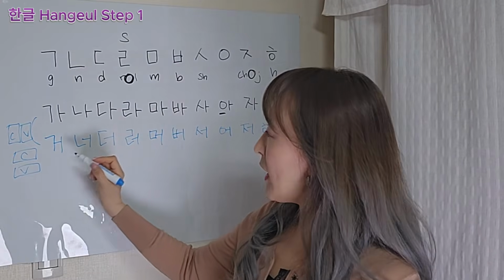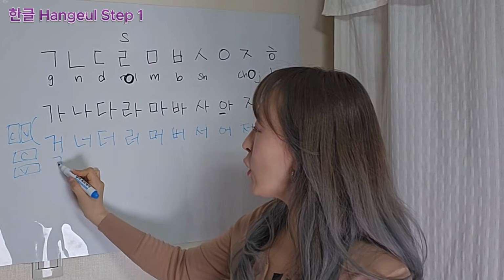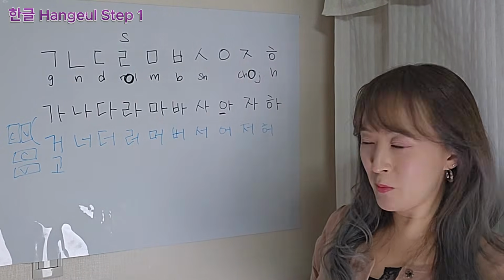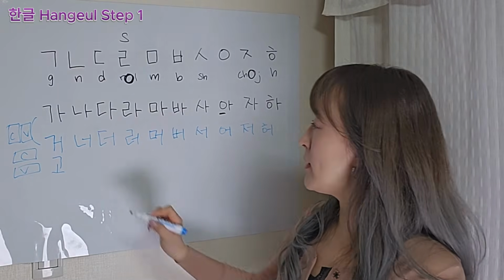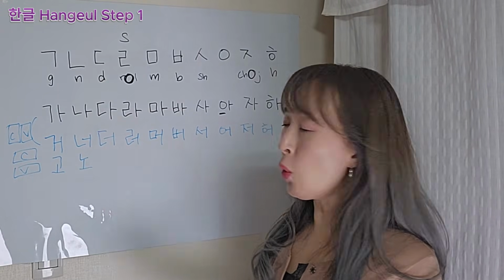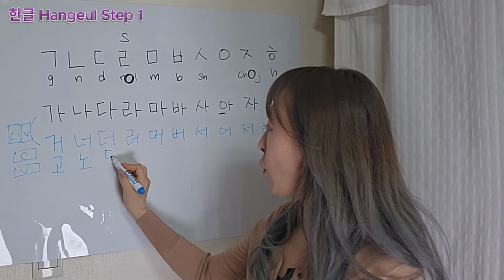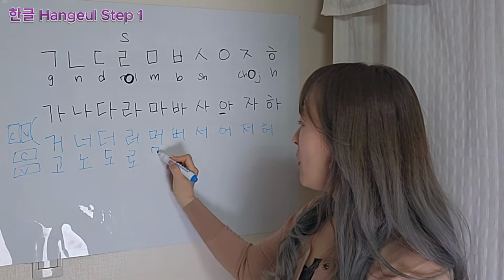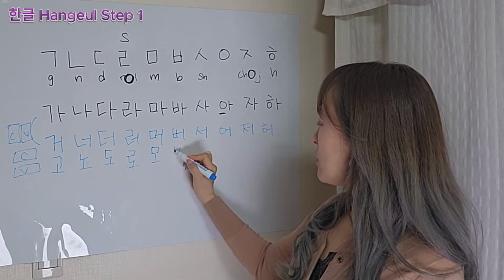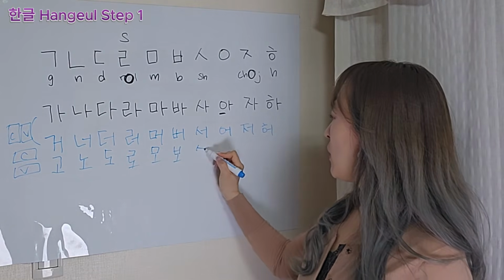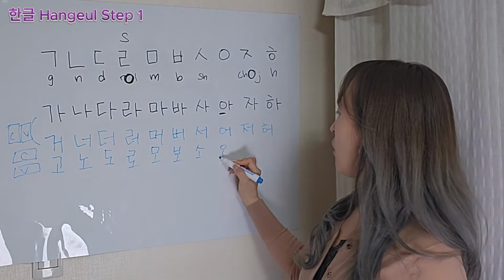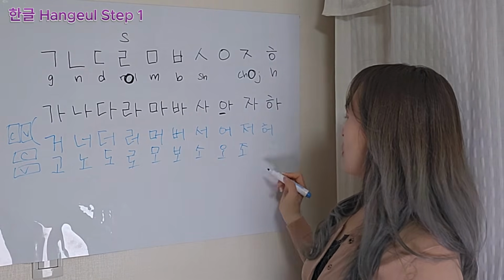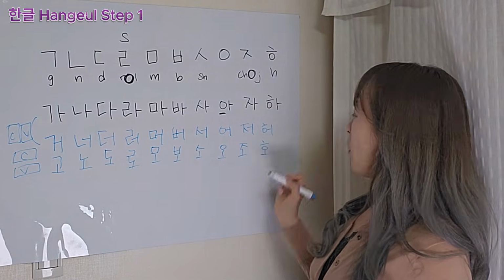So O, like go, will look like this. Go. No. To. 로. 모. 보. 소. 오. 조. 호.